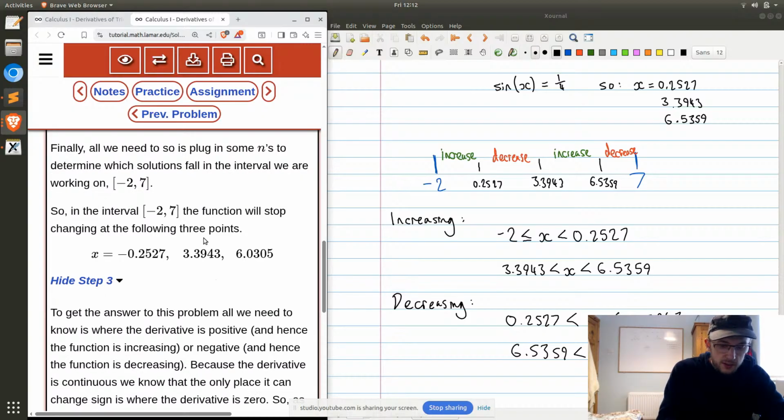Okay, so let's just do minus 0.2527 plus pi. And we get 0.2527 plus pi.